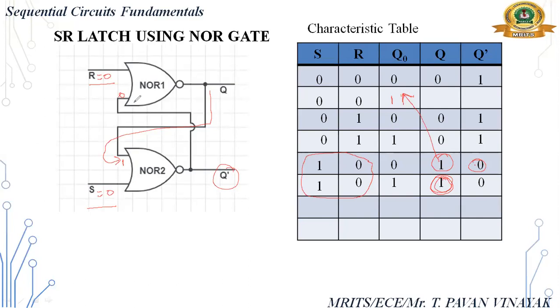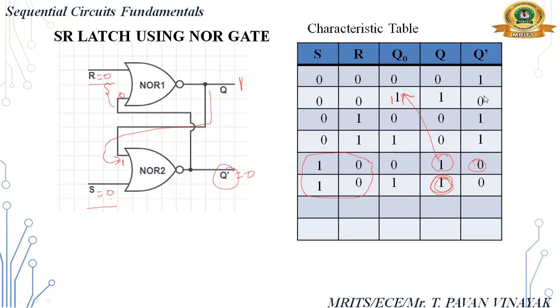So 0, 0 means 1. 1, 0 means 0. So what is the output now? 1, 0.